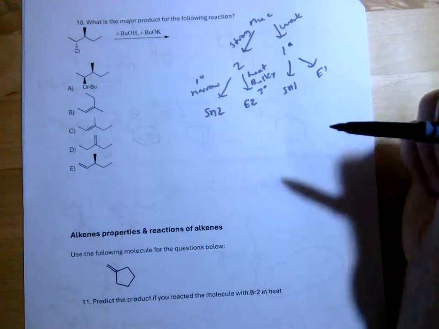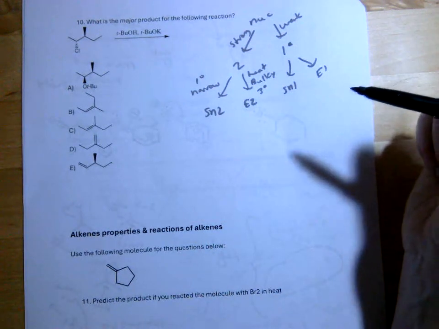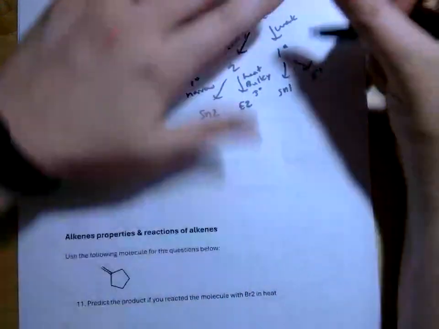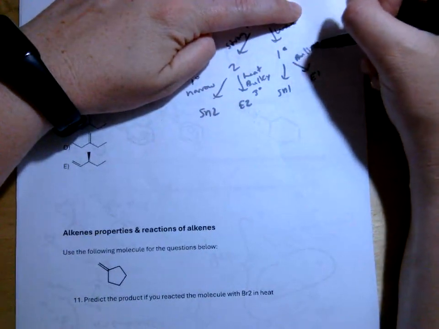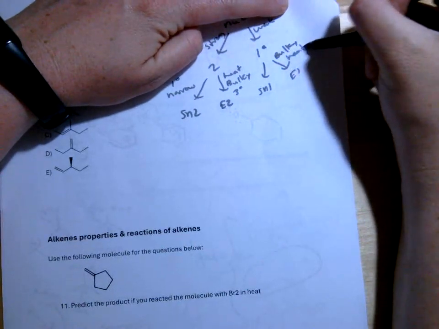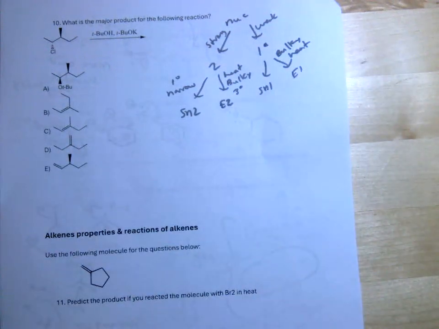In reality, if you did an SN1 or an E1 in the organic chemistry lab, you're going to get a mixture of products. But if you use a bulky nucleophile or base and heat, it will favor elimination over substitution, but it's going to be close.